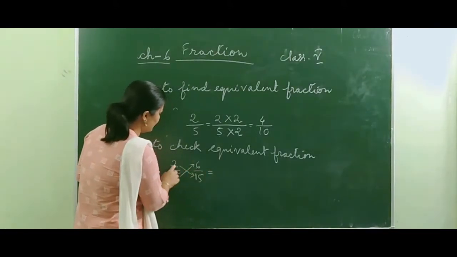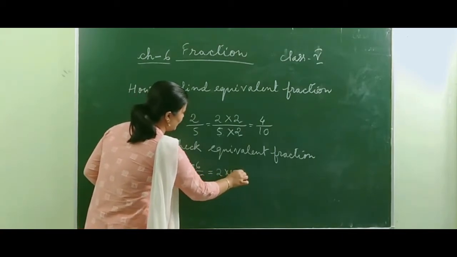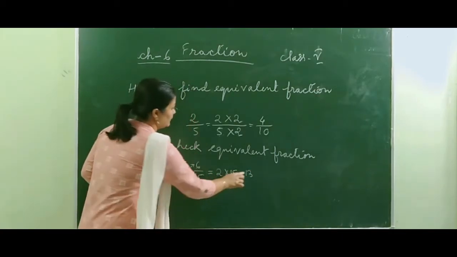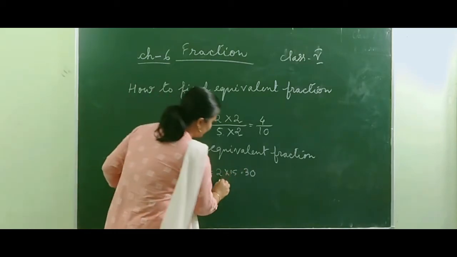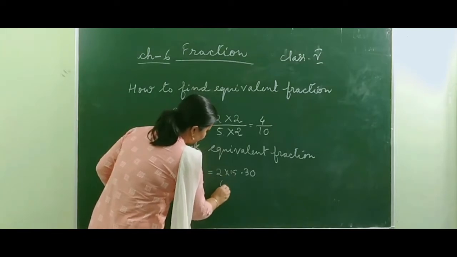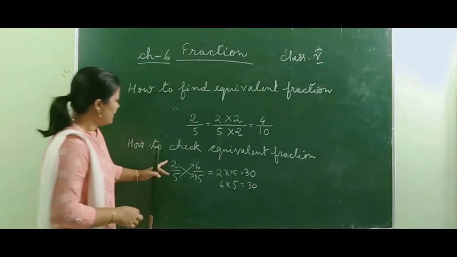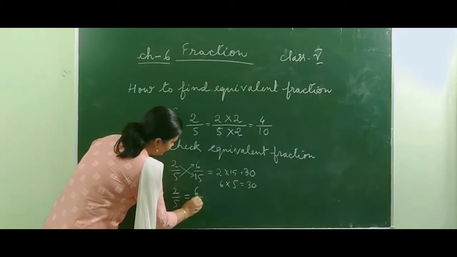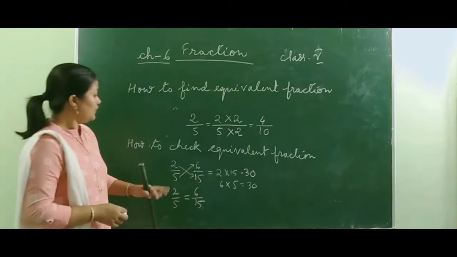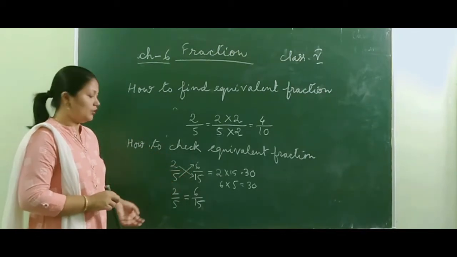Cross multiplication means we have to multiply 2 into 15, so we'll get 30. Then 6 into 5 is also 30. That means you can write 2 by 5 is equal to 6 by 15. So in this way we can check whether the two fractions are equal or not.